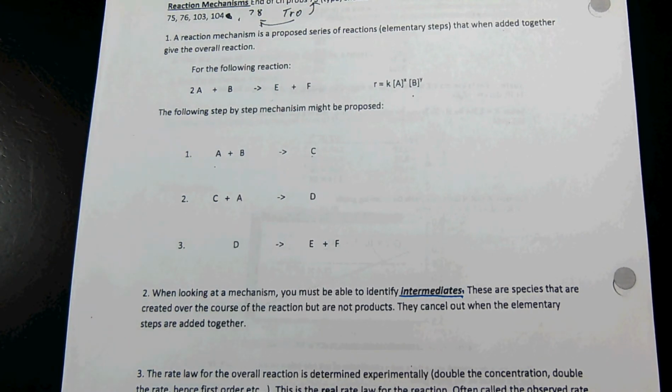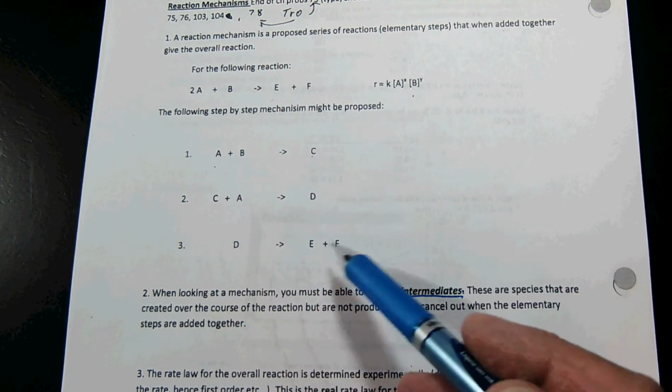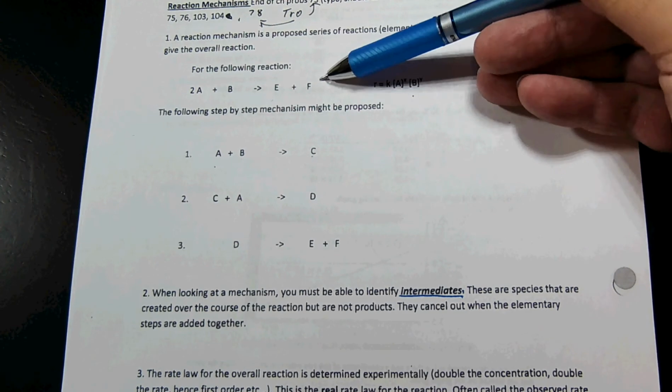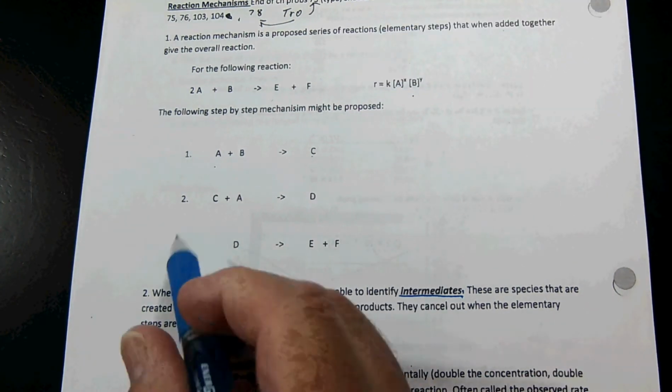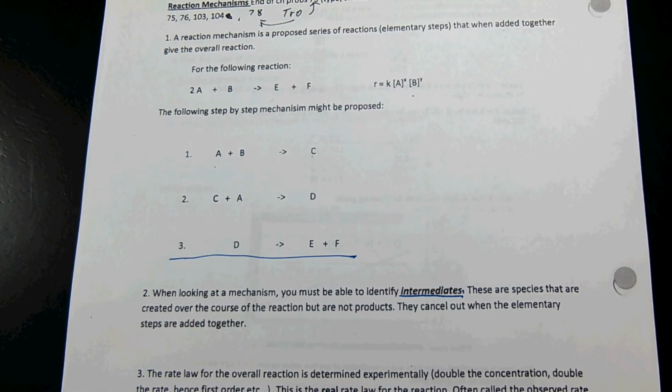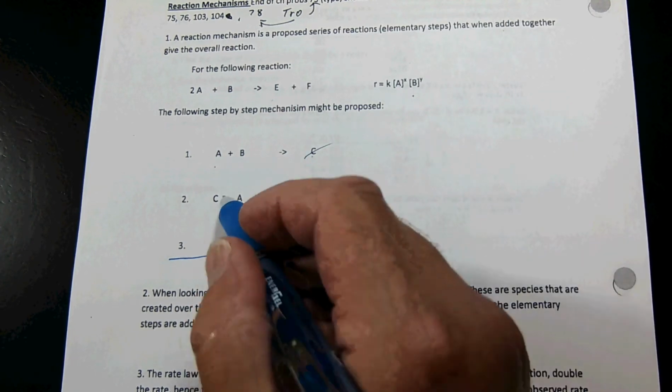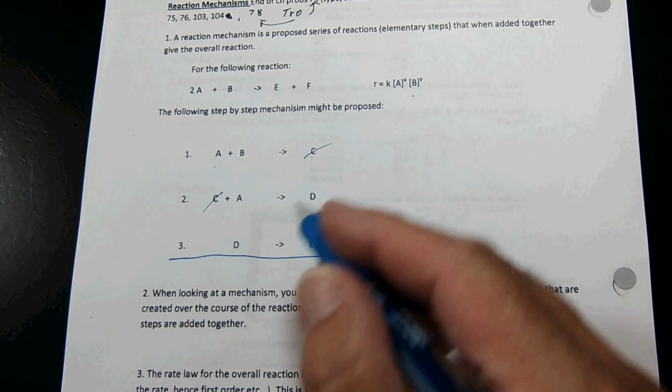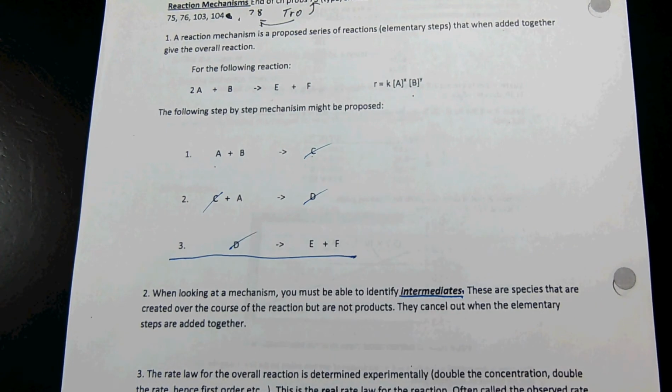Now, if your mechanism's a good mechanism, if it's the true mechanism, you can never prove it's a true mechanism, but if it is the true mechanism, when you add up all the steps, it had darn well better add up to the overall reaction. So if you were to add all these 3 steps up, let's see. Do you see how C cancels out? D cancels out.